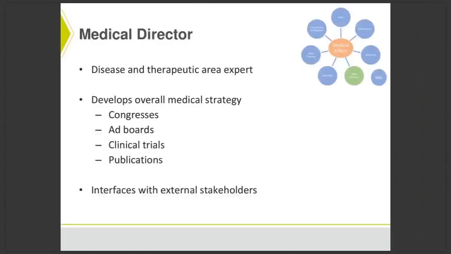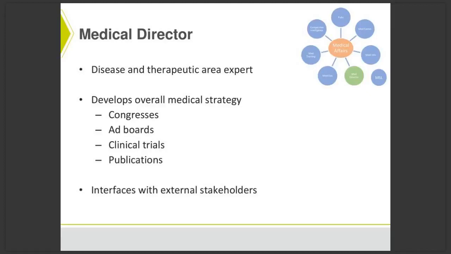So medical director, this is probably the one position that isn't very commonly held by a PharmD. Typically this is someone who's trained as an MD. However, it's not unknown for a medical director to be someone that is not a medically trained person. The medical director is traditionally responsible for the overall direction of the company from the medical affairs perspective, including such things as Congress attendance, ad boards, and maybe clinical trial design.